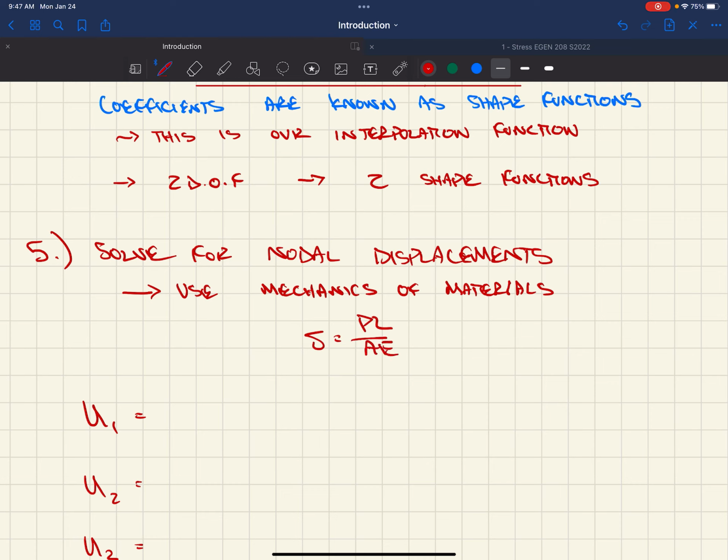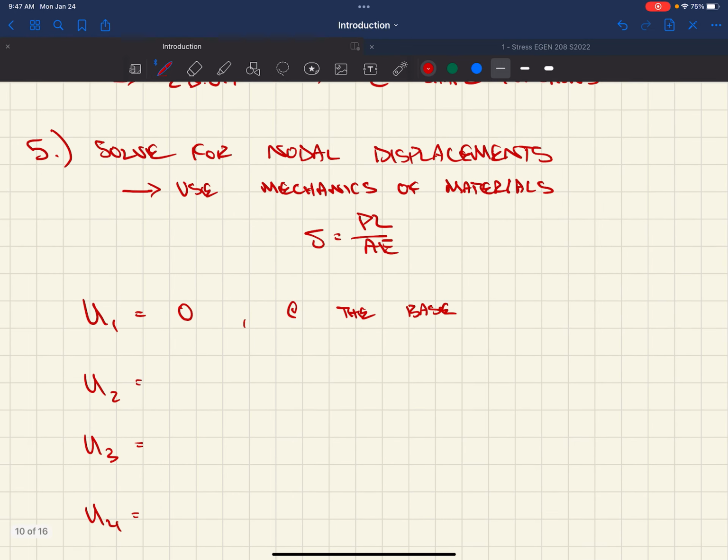So at U1, the base of our column, our displacement is 0. It's at the base. U2, well, we get PL over AE.